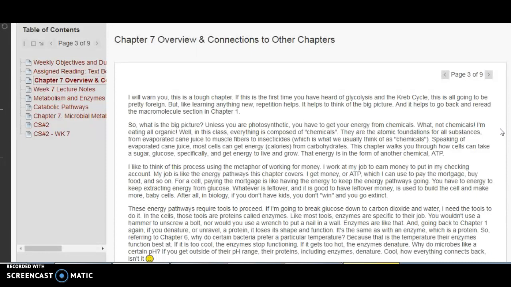This short chapter, chapter 7, could be 4 or 5, maybe even 6 chapters in a biochemistry book. So maybe, I don't know, 10 times the amount of material that you find in your textbook if you were to go through a 400-level biochemistry course. You'd find a lot more information.